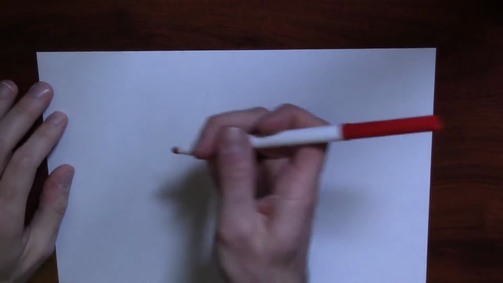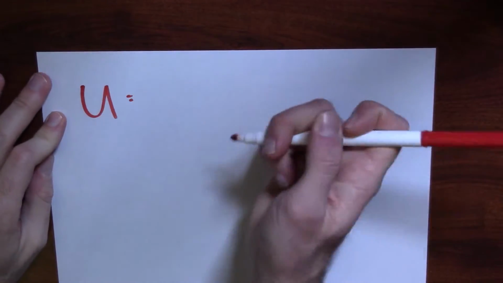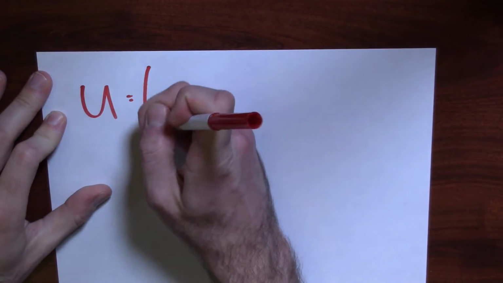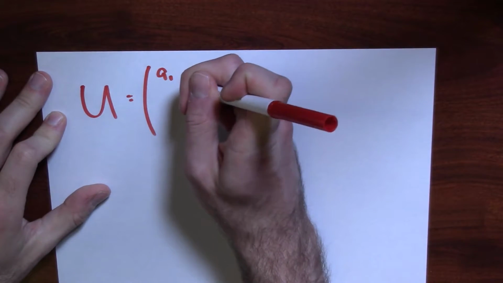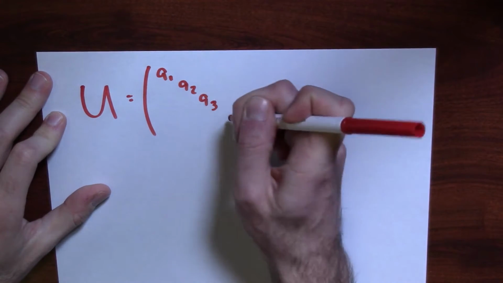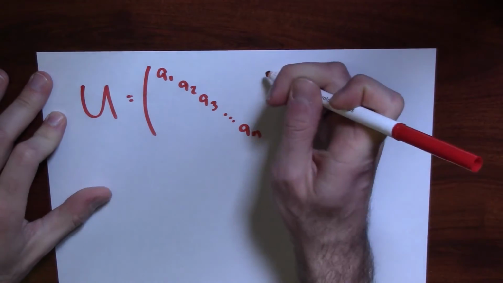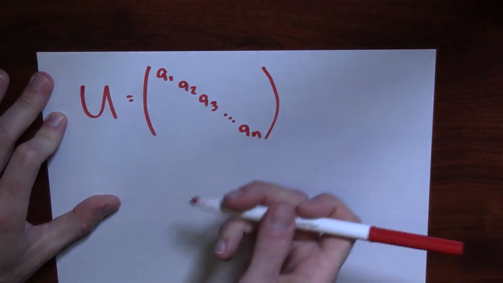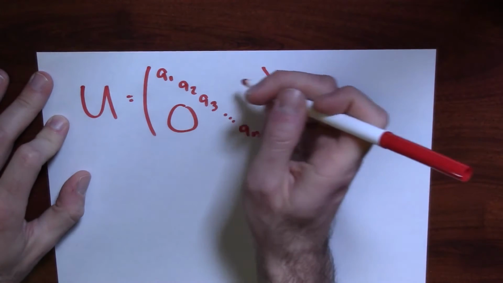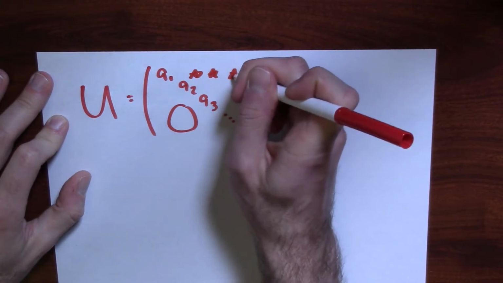And in fact, just upper triangular matrices. So suppose I've got some upper triangular matrix, which I'll call U for upper, and this matrix will have A sub 1, A sub 2, A sub 3, dot, dot, dot, all the way down to A sub n down the diagonal. Below that diagonal will be zeros, and above that diagonal, I don't know, it'll be something.